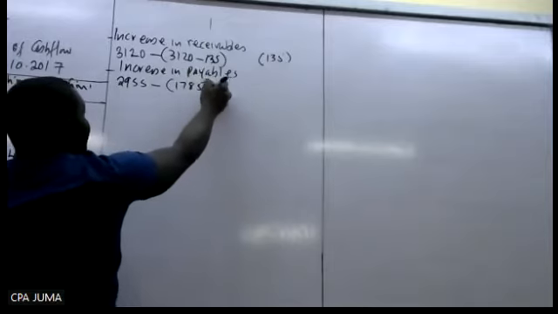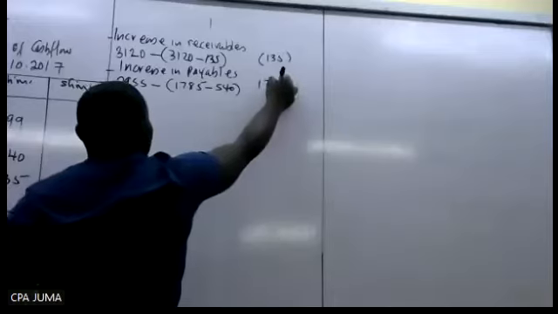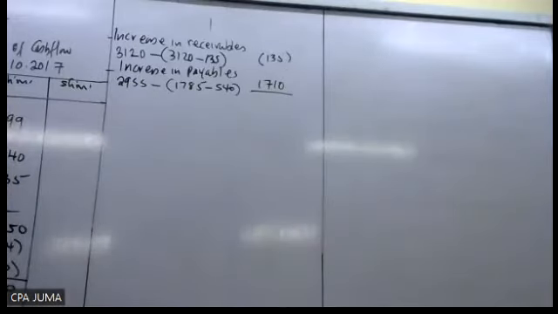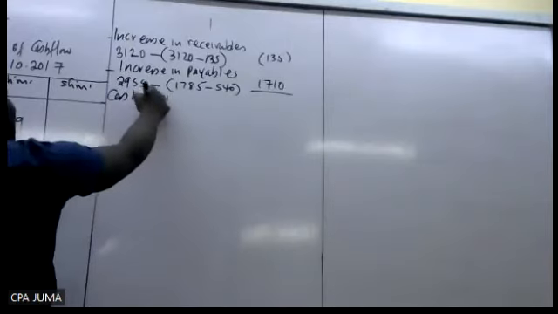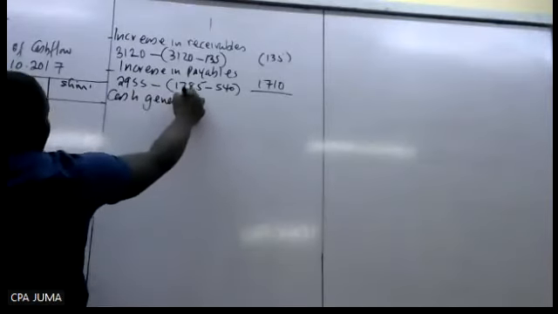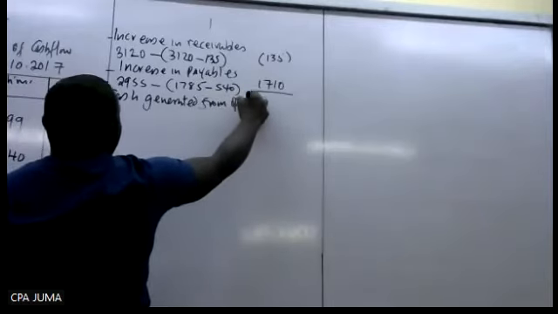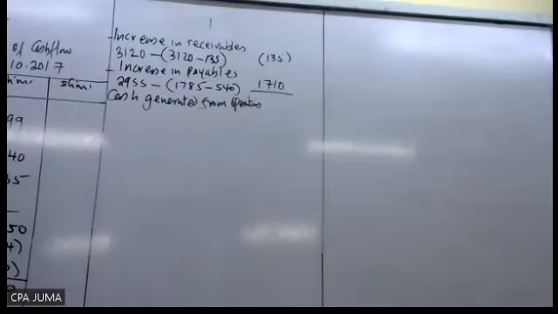We disposed 17. That one we add. So can you adjust from 1260? Adjust from 1260. Then we get cash generated from operations.